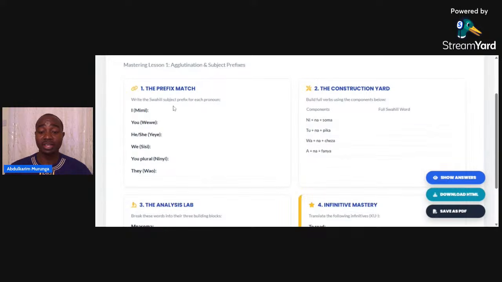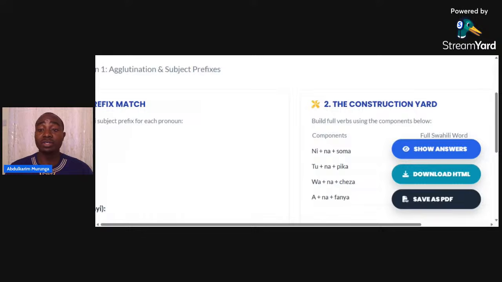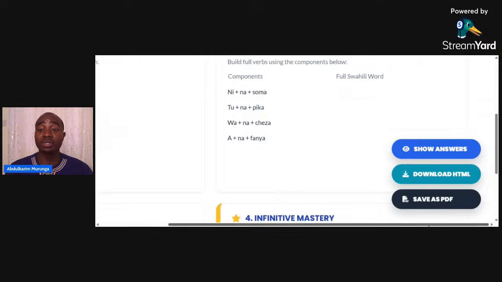We need to write the Swahili subject prefix for each pronoun. Is the screen visible enough?